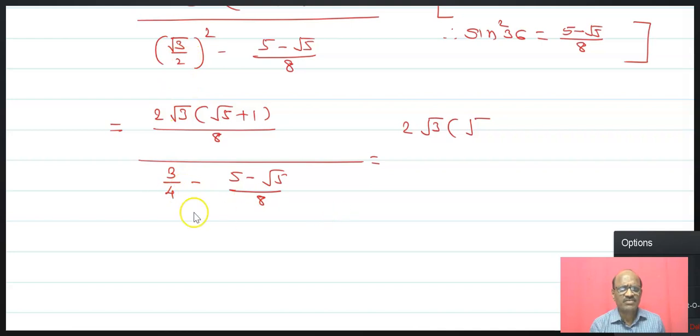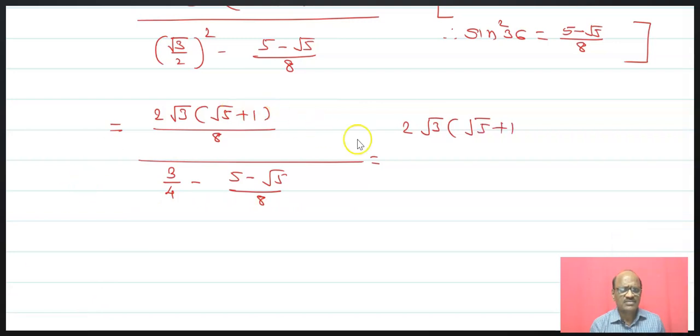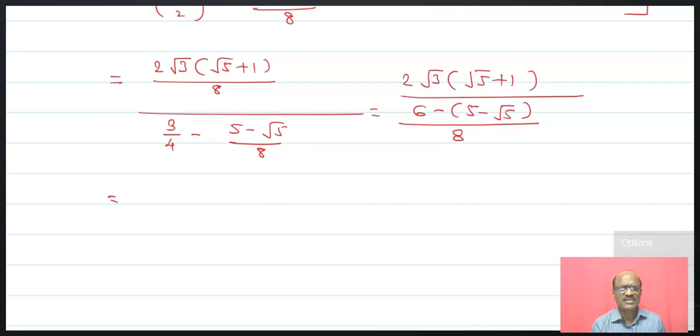And now we'll find out the LCM of these two terms, which comes to 8. Now the 2 root 3 into root of 5 plus 1 upon. Now here we'll simplify like this. How is it? That is, multiplied numerator and denominator here by 2. Then you will get 6 upon 8. Therefore 6 minus, in bracket, 5 minus root of 5 upon 8.